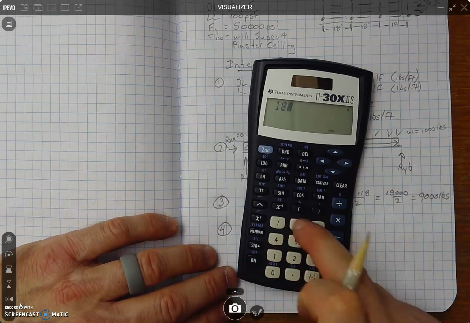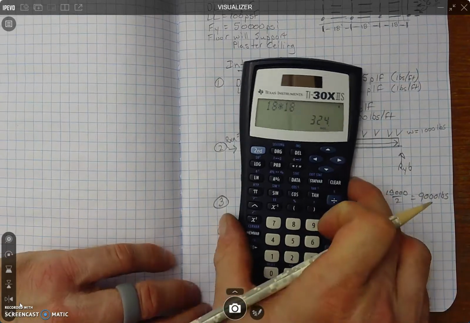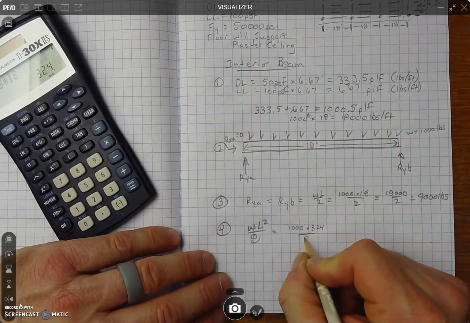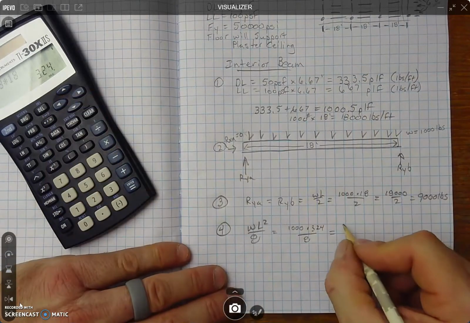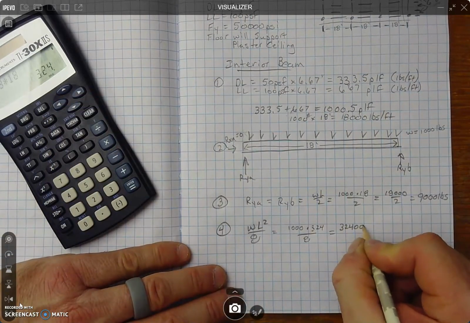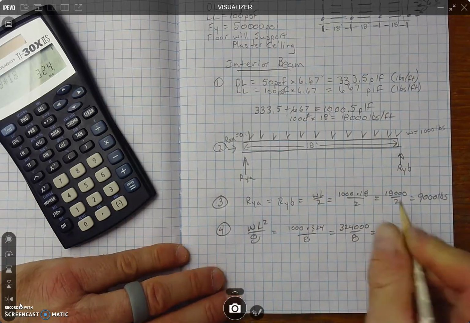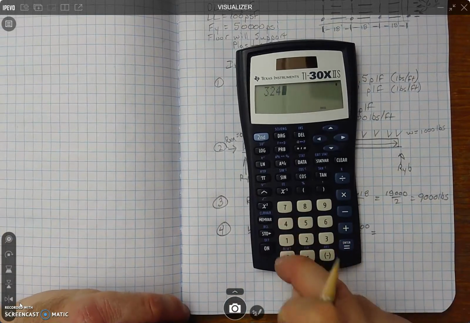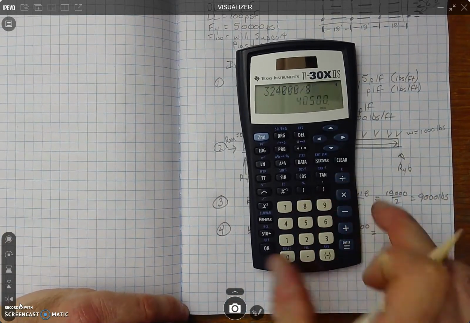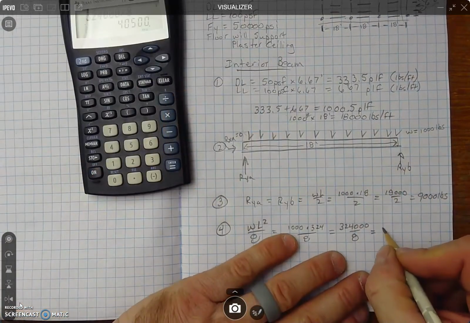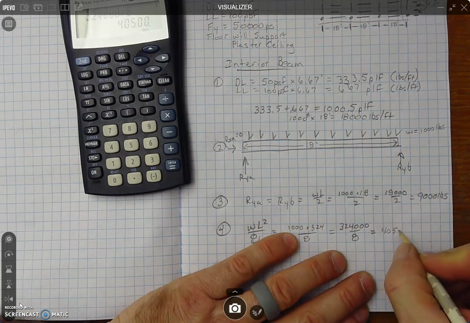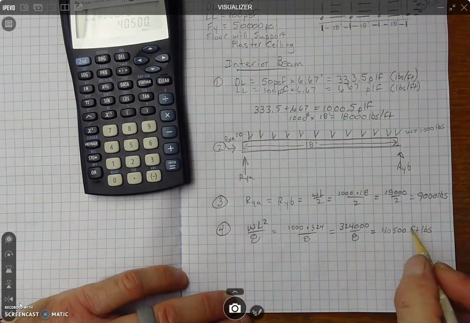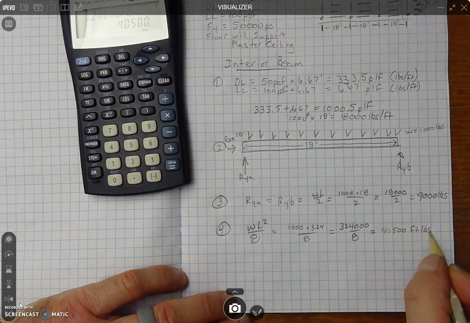I just like to go 18 times 18 equals 324 divided by 8, equals 324,000 divided by 8, which equals 40,500. Now, we should know by now this is foot-pounds. So our max moment is 40,500 foot-pounds.